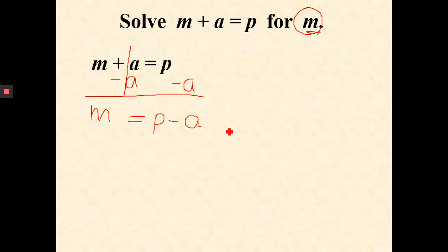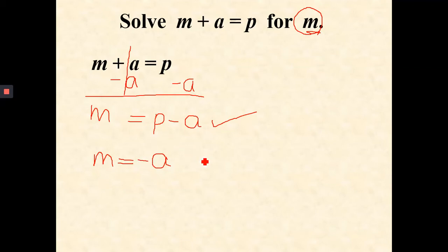But then, try to recall, if we're going to consider the letters in the alphabet, what comes first? Is it a or p? Okay, it is a. So we can rewrite our final answer as m is equal to, write a first. Take a look. What is the sign of a? Do not change. It is negative.